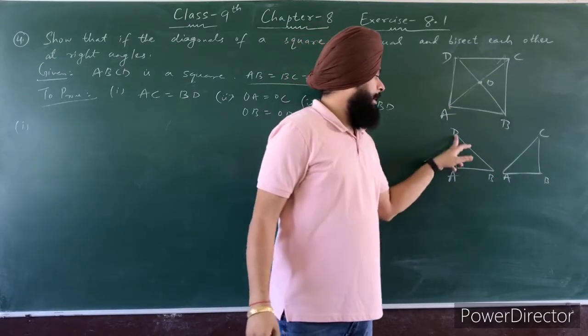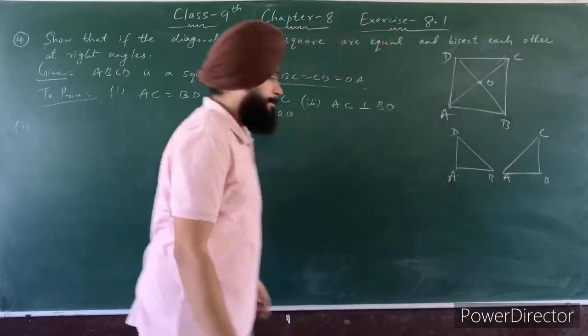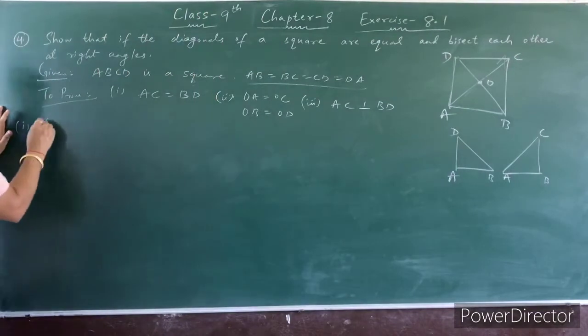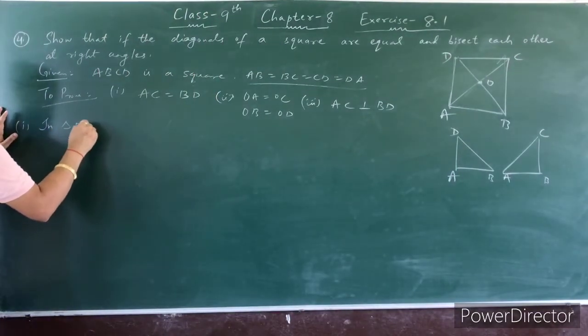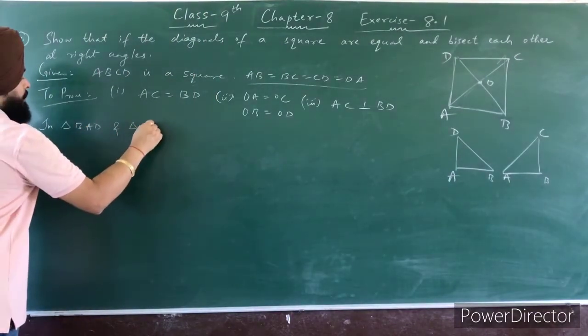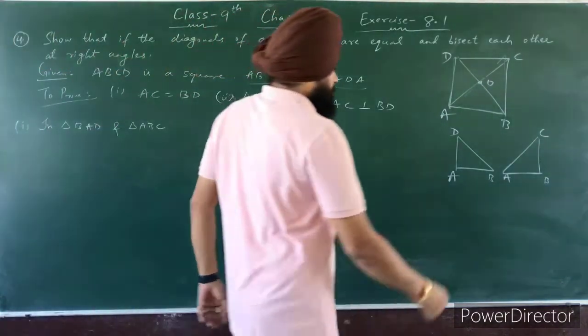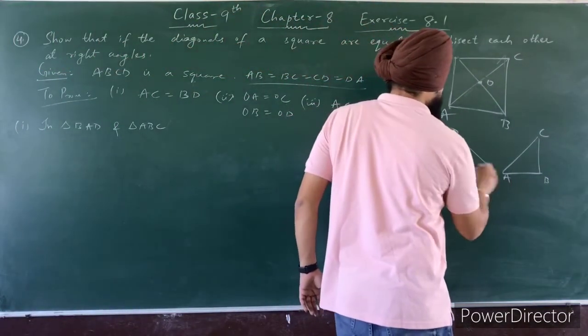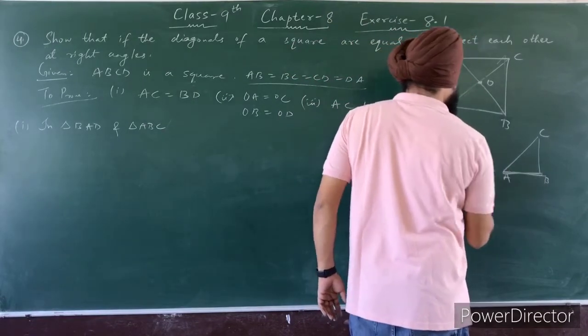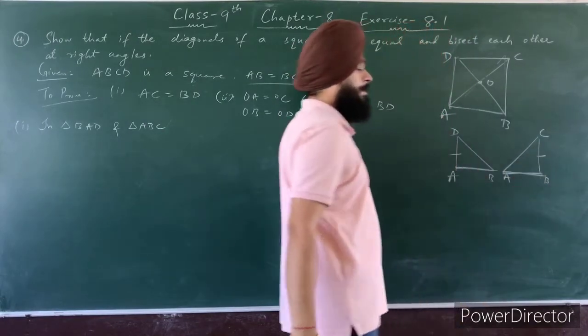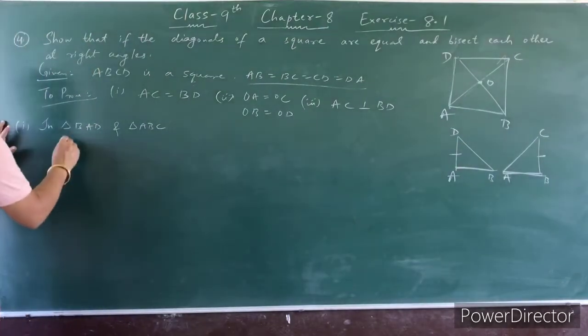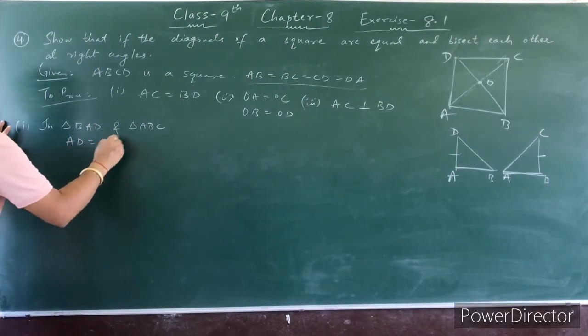Triangle BAD and triangle ABC. So right here in triangle BAD and triangle ABC, the first is AD is equal to BC.